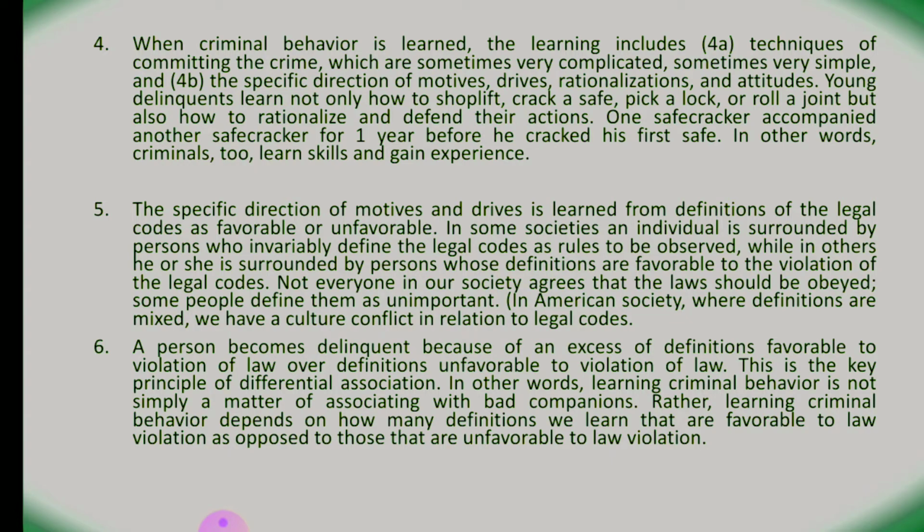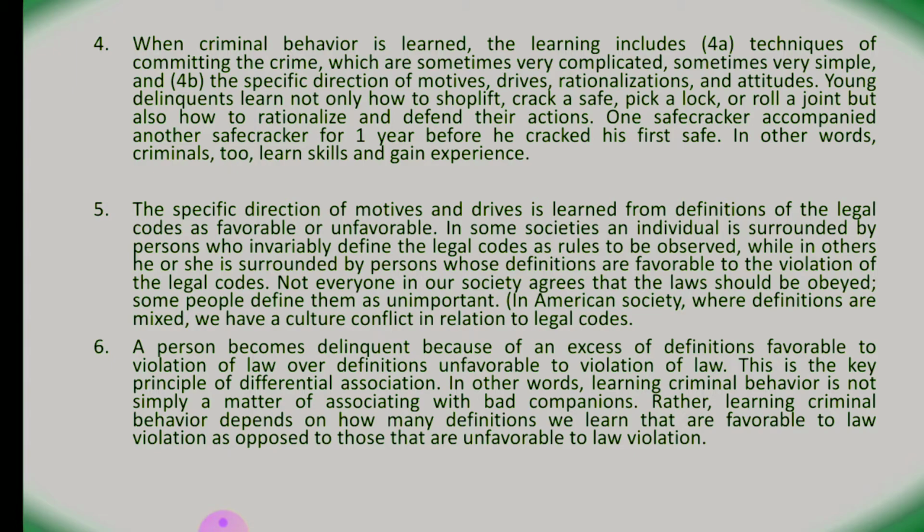Not everyone in our society agrees that the laws should be obeyed. Some people define them as unimportant. In American society, where definitions are mixed, we have a culture conflict in relation to legal codes.